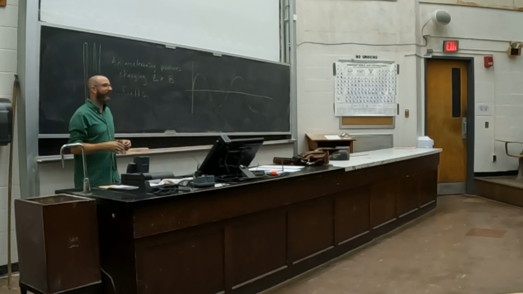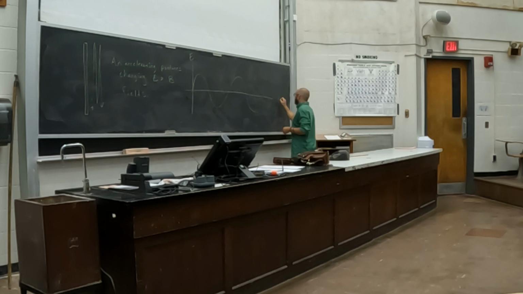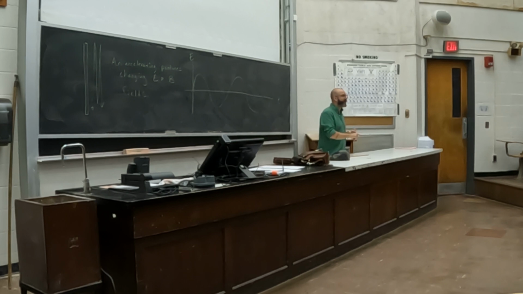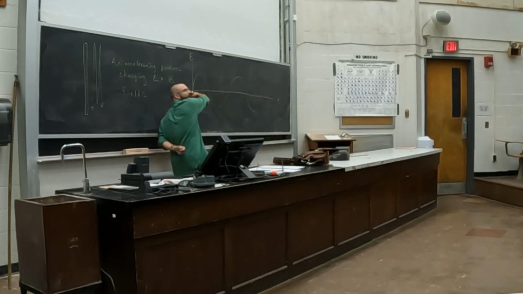I'm going to let this represent the electric field as a function of time. And what this means is that if the E field is oscillating, that means it's oscillating in magnitude and direction.